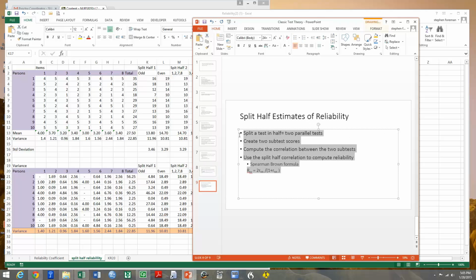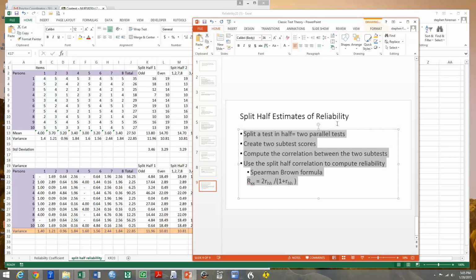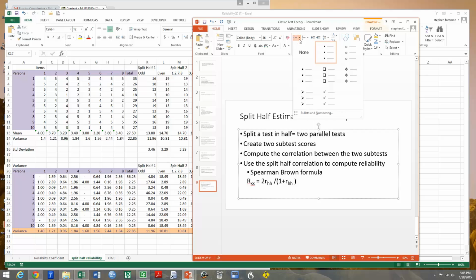One of the major types of reliability measurement here is what's called split half estimates of reliability. We have a test, we split it in half. That gives us two parallel tests, so we get two subtest scores. We look at the correlation between the subtests and use that split half correlation to compute a reliability coefficient. Remember, we talked about the coefficient of reliability between the two halves. And we evaluate it using a Spearman-Brown formula.